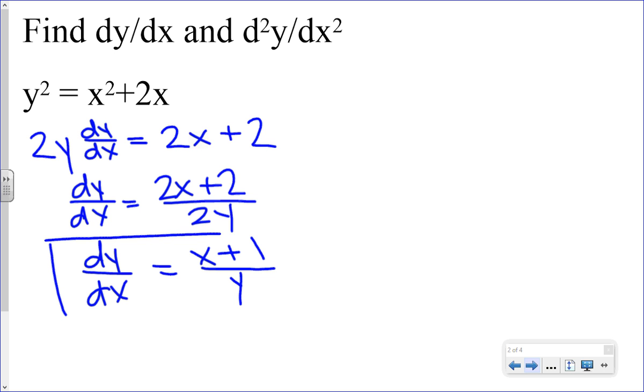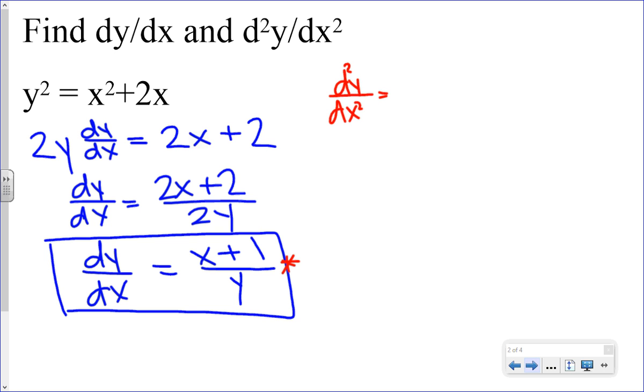Okay. Now, we want the second derivative, which means we need to take the derivative of this right here. Well, that's fine. We have a quotient though, and so we're going to have to use the quotient rule. So the derivative of the numerator times the denominator minus the numerator times the derivative of the denominator.